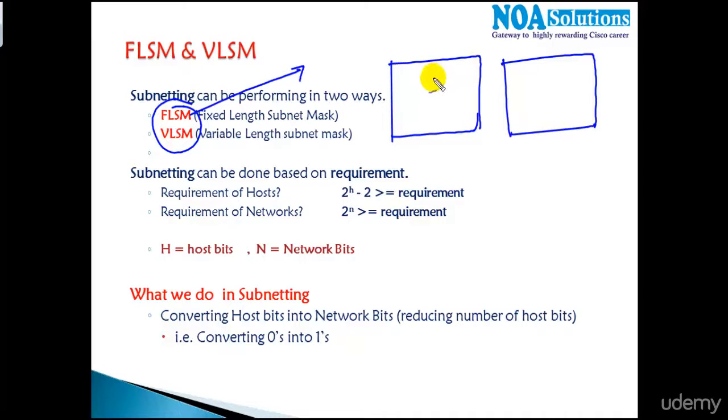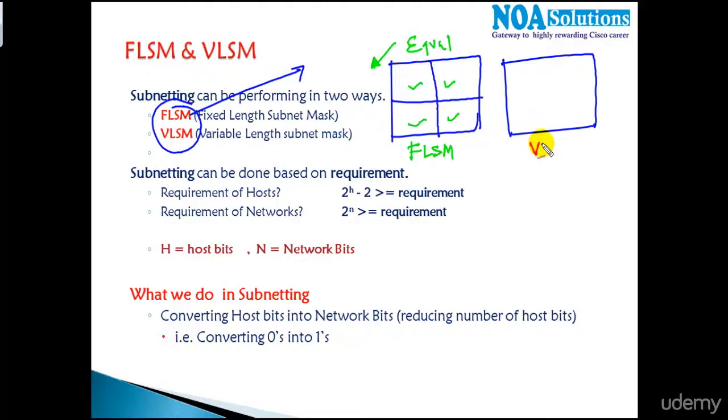If you are dividing the network into equal parts, we call this FLSM, fixed length subnet mask, where each and every network will be of equal size, just like the classrooms of any school or college. Probably all the classrooms will be almost of equal size.